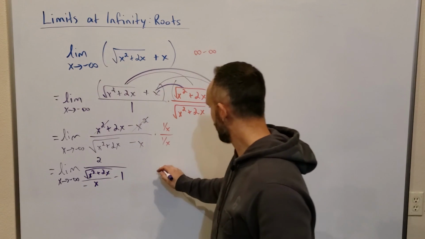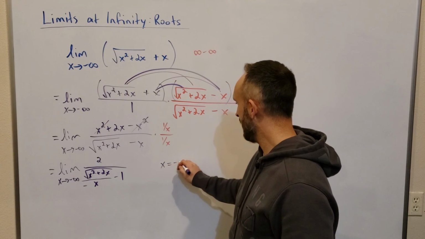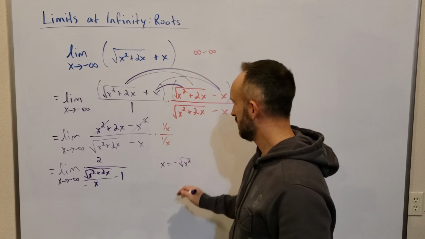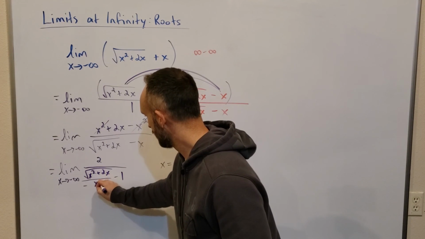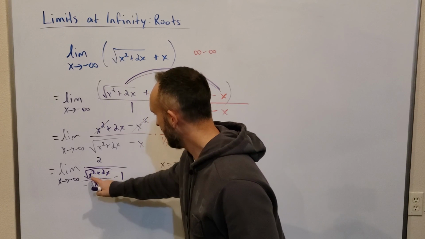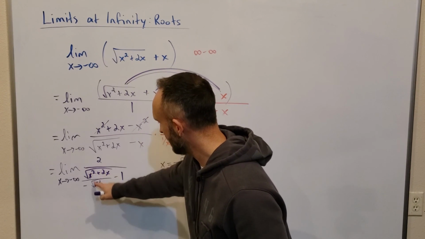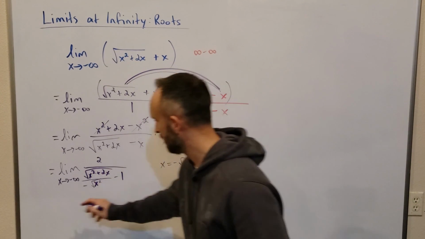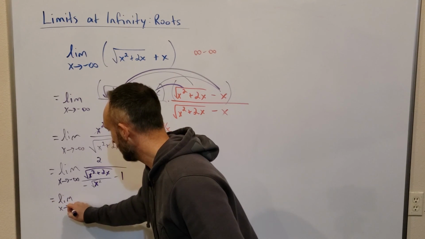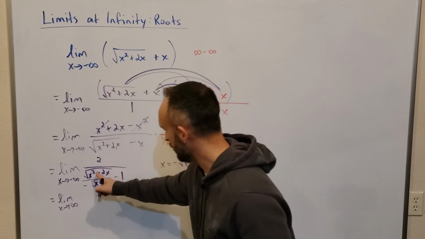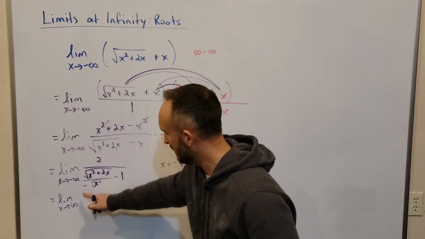Let's write this out. In this case, x equals the negative square root of x squared, because the x values we're dealing with are negative. And now I can divide these x squared and this 2x by x squared, sort of inserting the x squared under that square root altogether, and then keeping the negative.